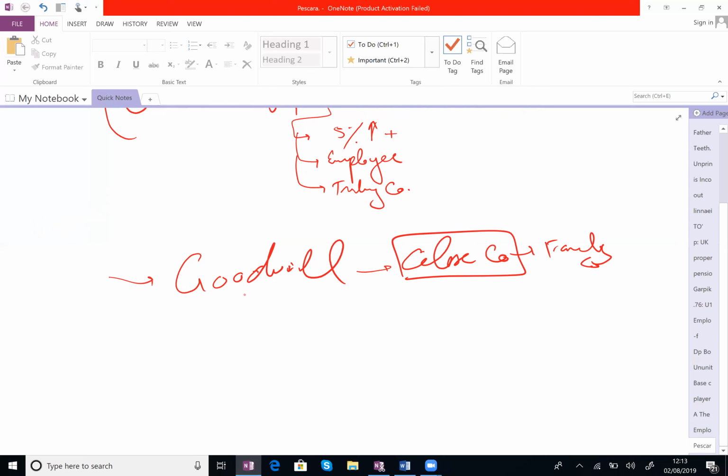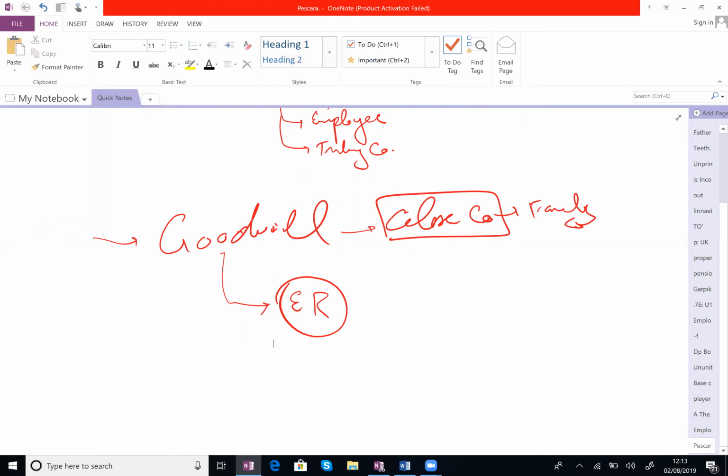When you sell the goodwill of a close company, you will get the entrepreneur relief on it. But the condition is if you have less than 5% shares in the close company, then you will get the entrepreneur relief on the sale of goodwill. What is the condition? The condition is that you have less than 5% shareholding in the close company.